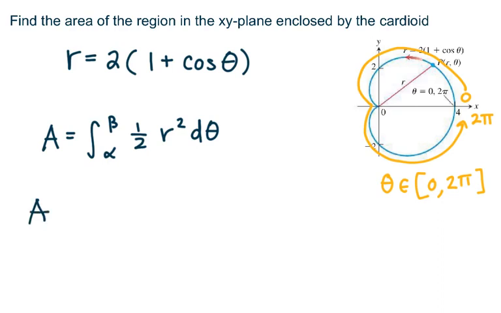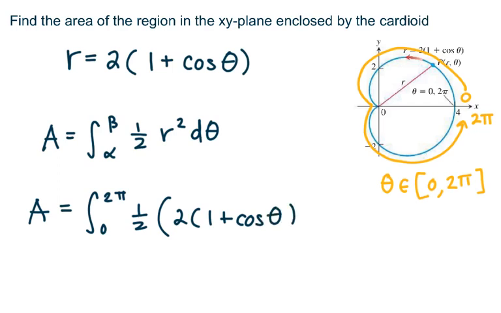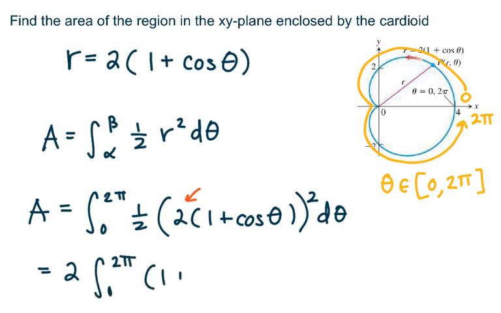So in this case, my area is going to be the integral from 0 to 2 pi, 1/2 times the quantity 2 times 1 plus cosine theta, quantity squared d theta. Now if I square that 2, that becomes a 4, and the 4 and the 1/2 come out in front, so that leaves me with my area is equal to 2 times the integral from 0 to 2 pi of 1 plus cosine theta, quantity squared d theta.